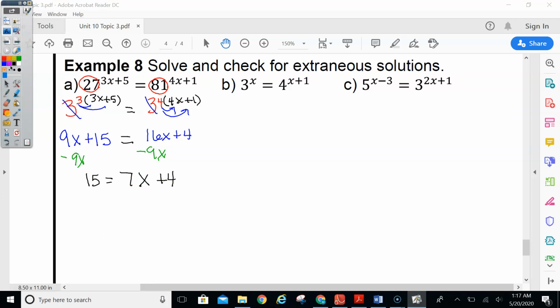Subtract 4 from this side. Get 11 equals 7x. And then dividing both sides by 7, we get that this is 11/7. Okay, not the nicest fraction, nicest decimal, but that's what we end up getting here.